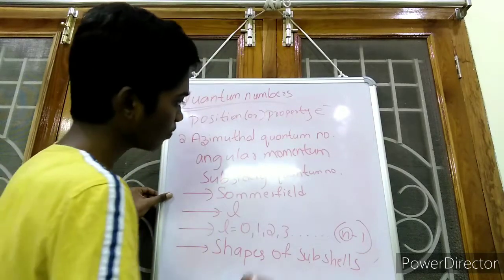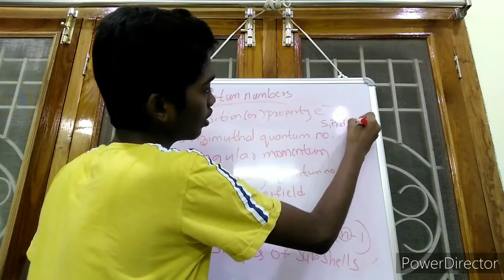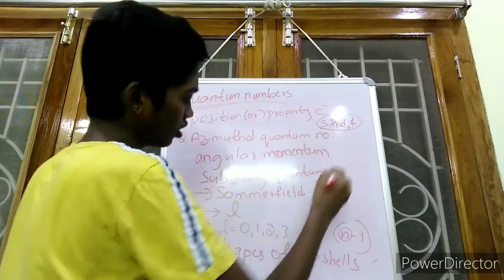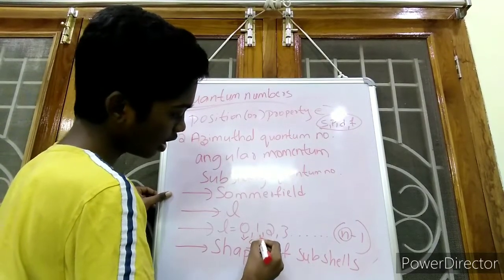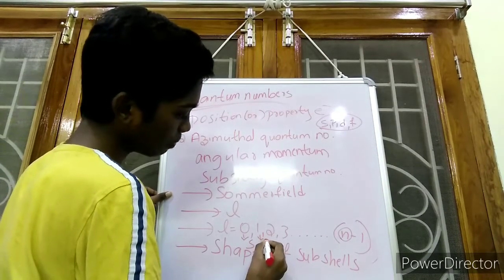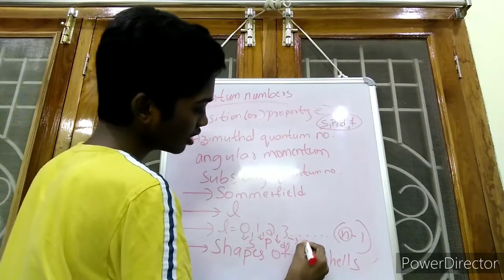Subshells are nothing but s, p, d, f. These four are subshells. Now 0 is given by subshell s, 1 is given by subshell p, 2 is given by subshell d and 3 is given by subshell f.